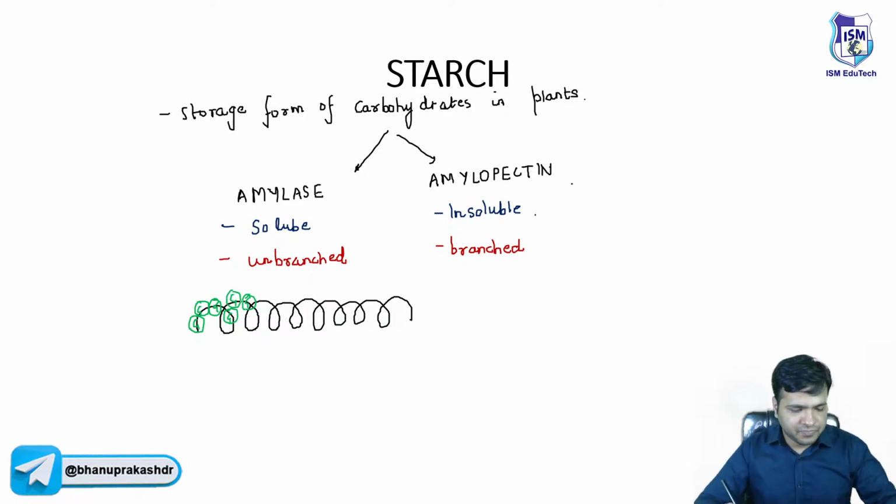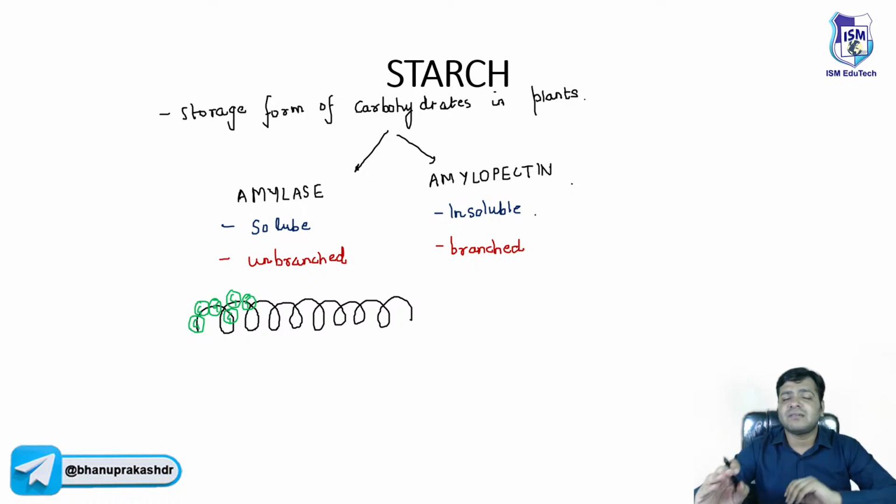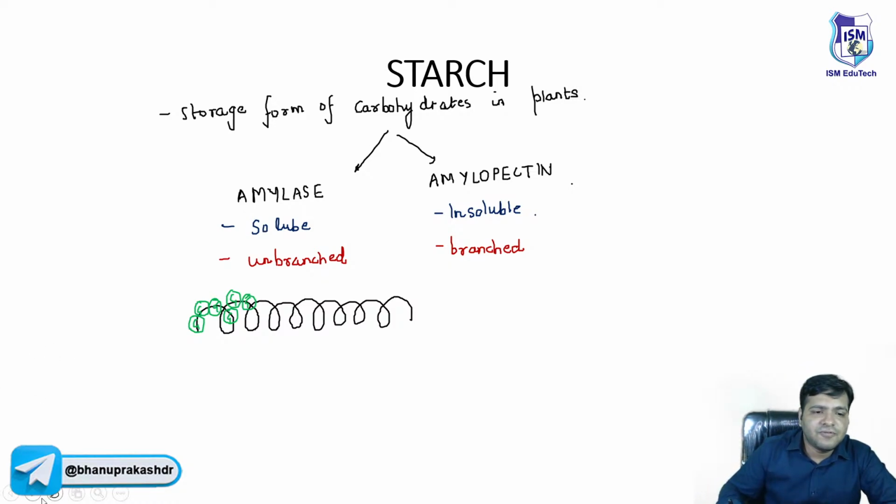So these are unbranched. There are many more differences, but we will discuss those which are relevant and useful for us as of now. If we say branched, it is simply like these are glucose molecules, and these glucose molecules are branched.